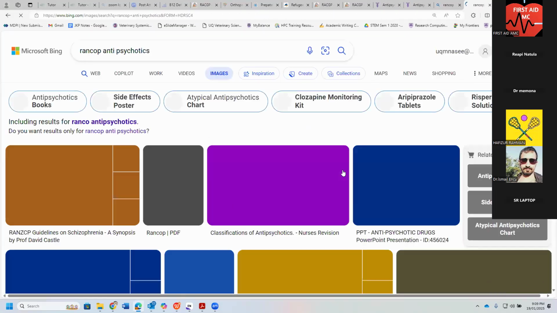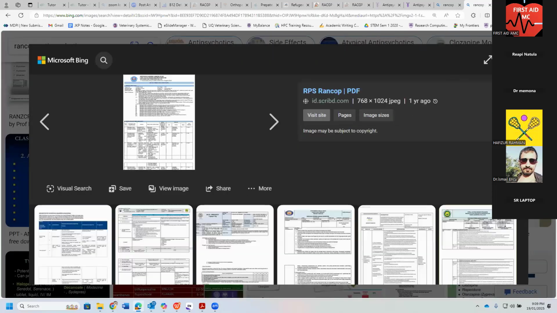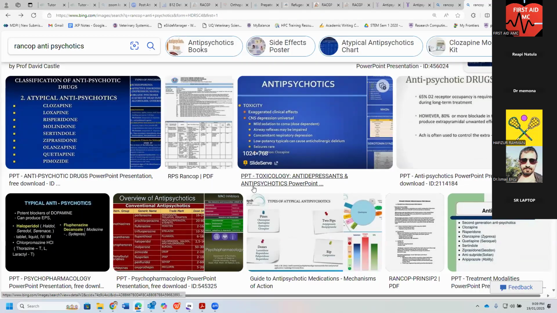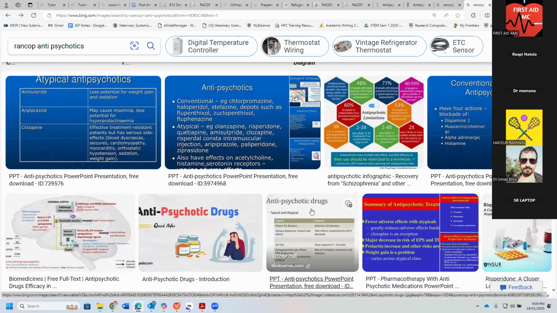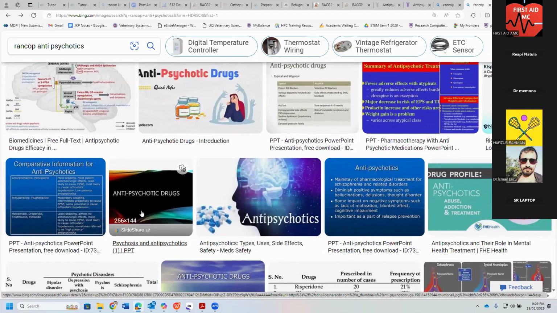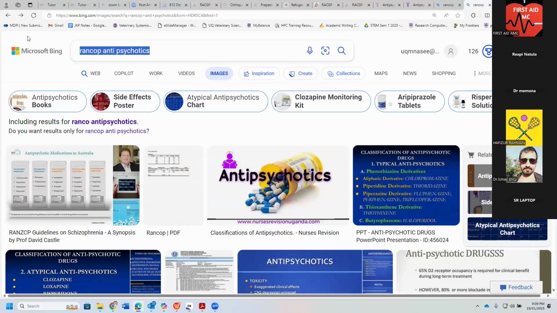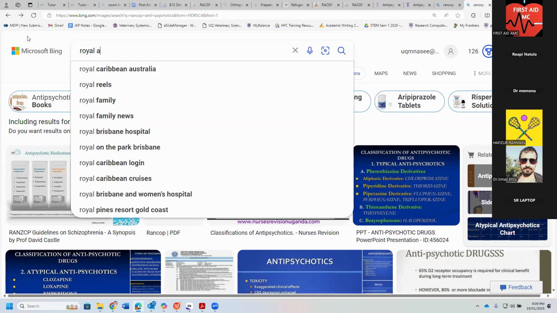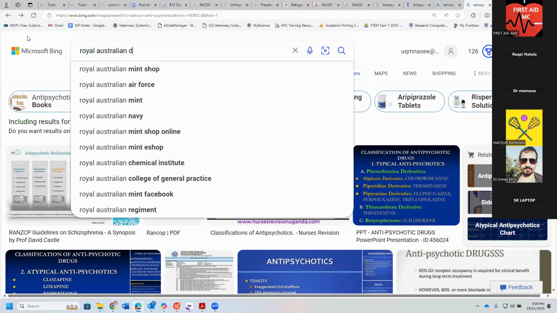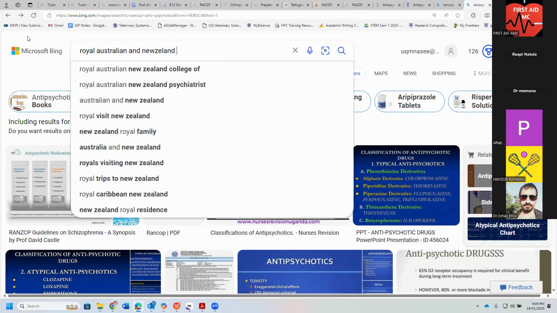There is an image that I want you guys to remember. Where is that? This one. I think, no, not this one. There is a whole table in that guide. That is a guideline book for psychiatrists. It's there. Royal Australian and New Zealand College.